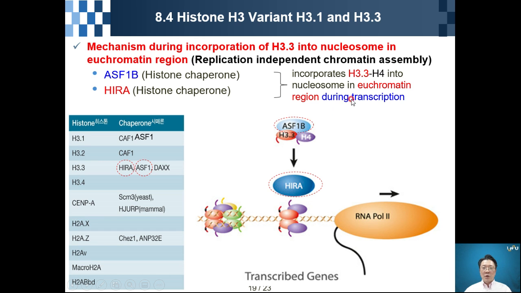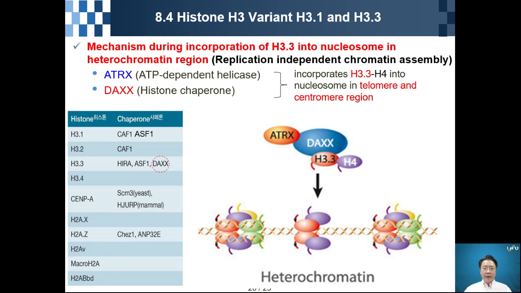So that's why we call it replication independent chromatin assembly. In this slide, I will explain the mechanism of incorporation of H3.3 into the nucleosome located in the heterochromatin region. This one we also call replication independent chromatin assembly.